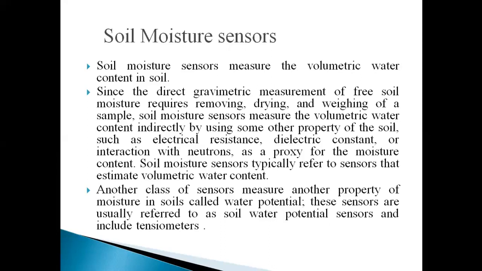As a proxy for the moisture content, soil moisture sensors typically refer to sensors that estimate volumetric water content. Another class of sensors measure another property of the moisture in soils called water potential. These sensors are usually referred to as soil water potential sensors and include tensiometers.